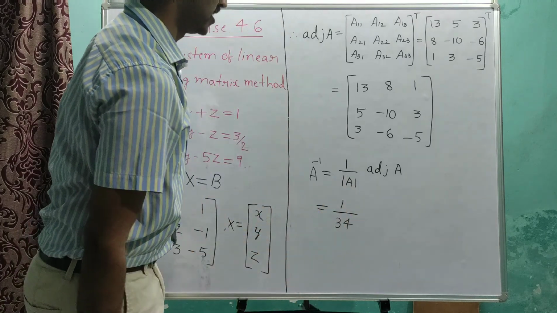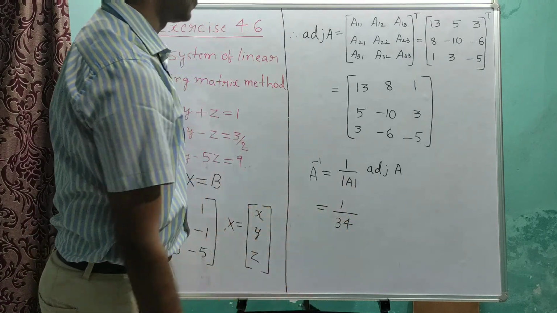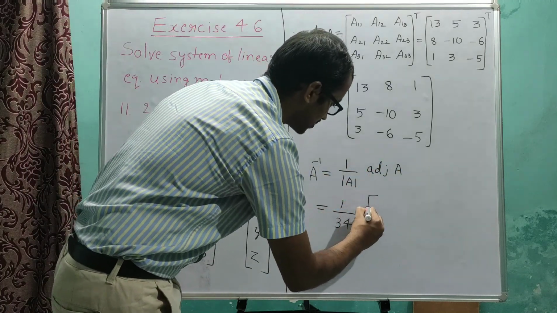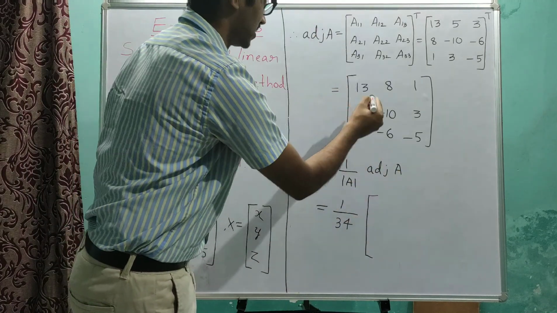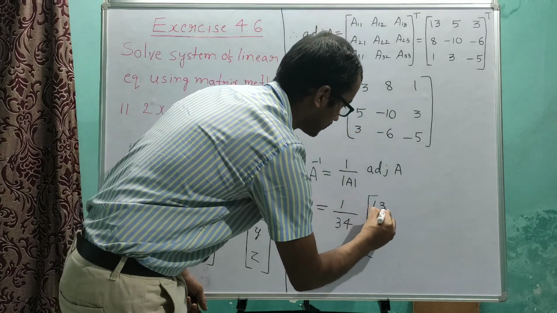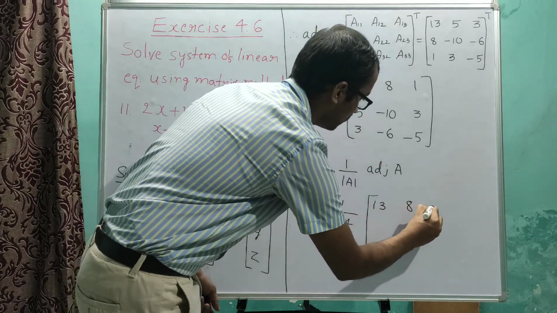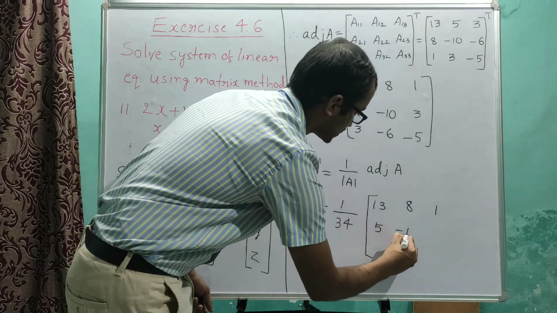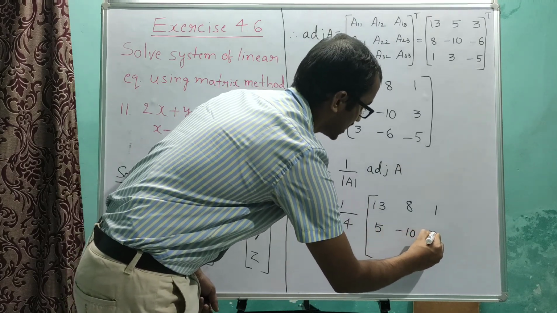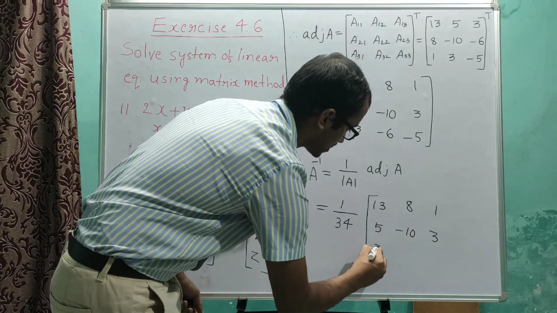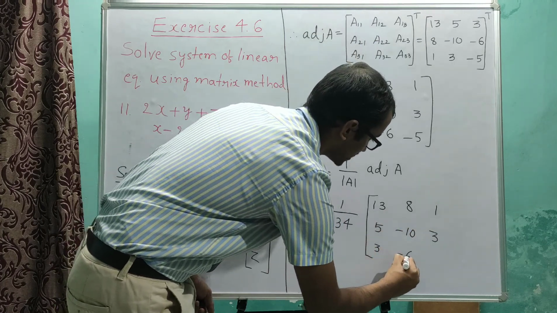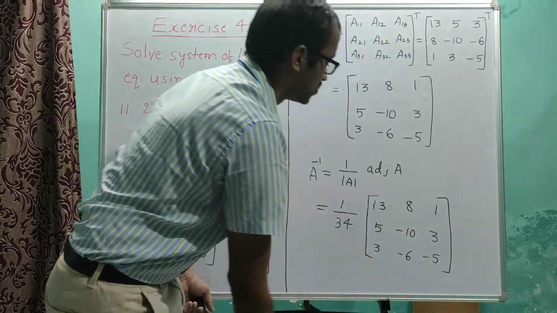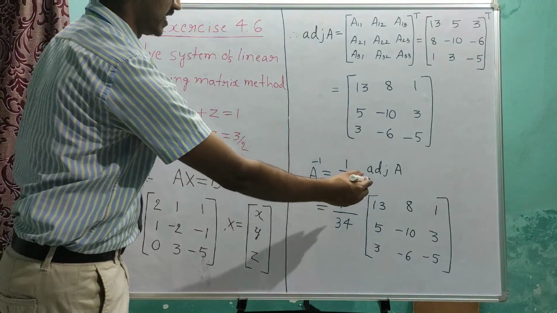So substituting here, we will get 1 by 34 into adjoint of A. The adjoint of A is equal to this much, that is 13, 8, 1, 5, minus 10, 3, 3, minus 6, minus 5. So this is the value of A inverse.